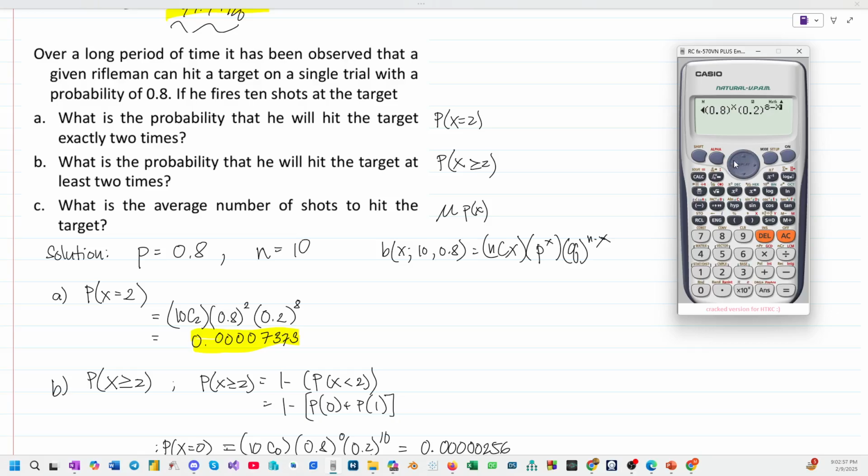Ay, dapat 10. Mali. 1 pala to, sorry. Mali akong pindot.